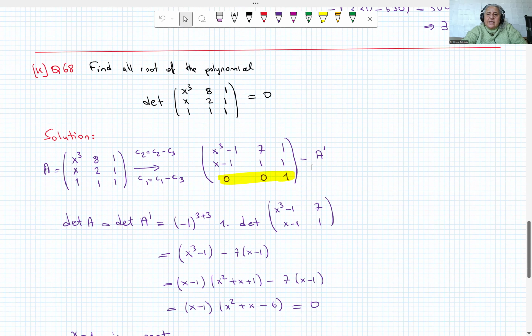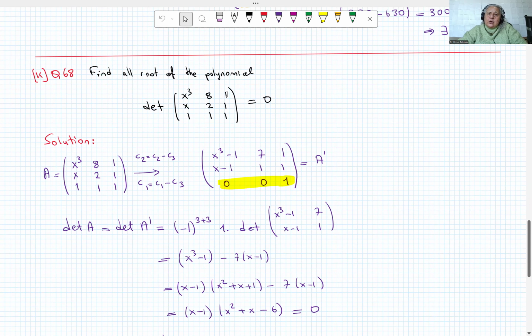Okay. Now, let's find all the roots of the polynomial. So this will give us the polynomial because the determinant is one number, but this will be the polynomial in a sense that we have some x's here. So from the matrix, let's call this matrix A, let's apply the row operation because you have 1, 1 here and 1, 1 here.